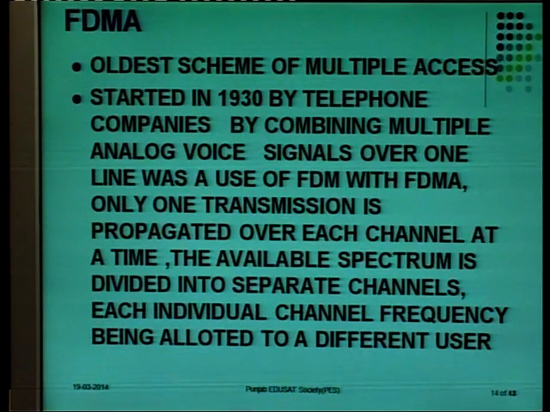Now, we will discuss FDMA, that is frequency division multiple access. It is the oldest scheme of multiple access. It was started in 1930 by telephone companies by combining multiple analog voice signals over one line, and here it was a use of FDM with FDMA.